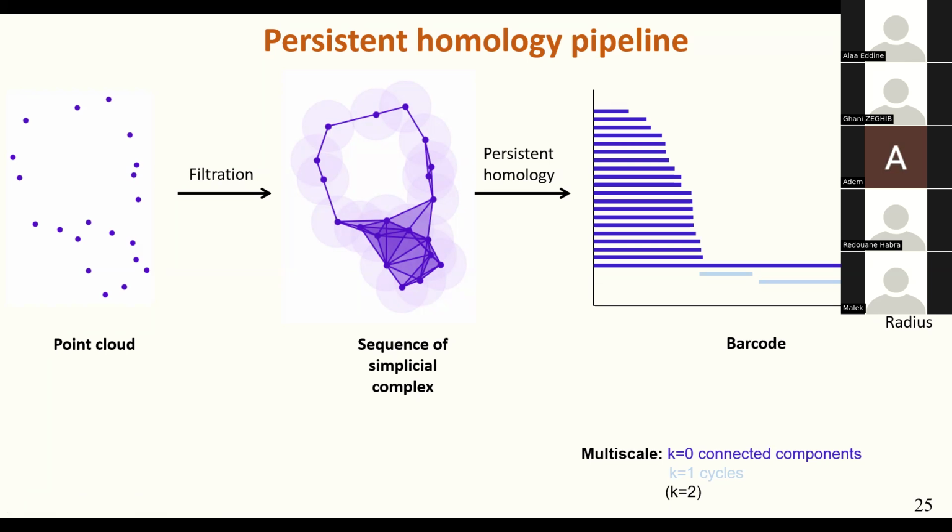And I want to visualize those topological characteristics in a representation that we call a barcode. So I will explain how, from a point cloud, to obtain this geometric representation, which is the barcode.